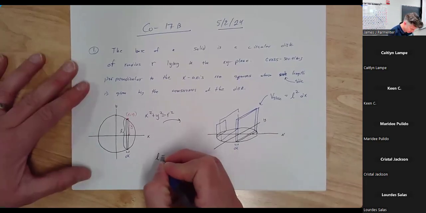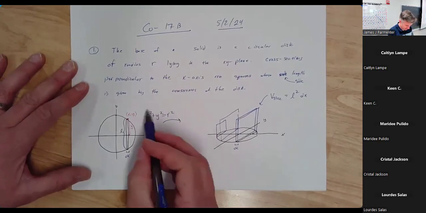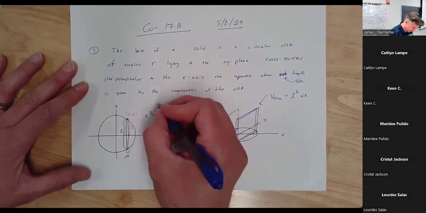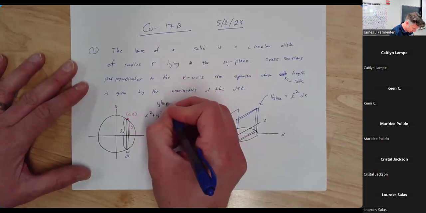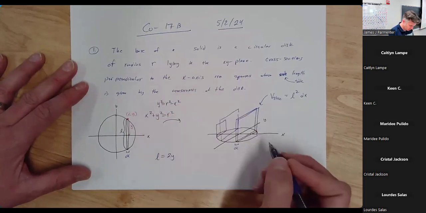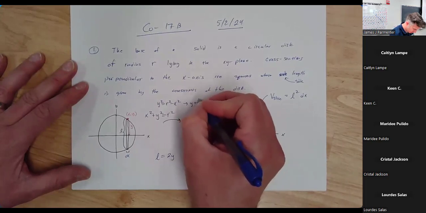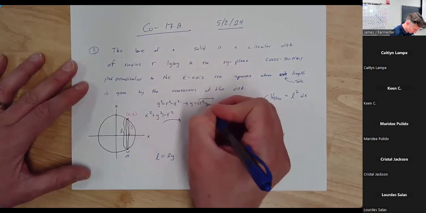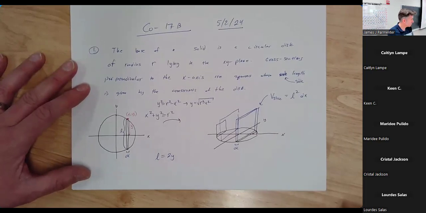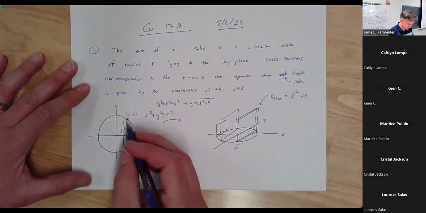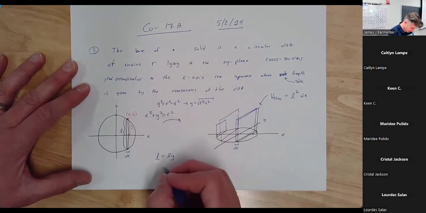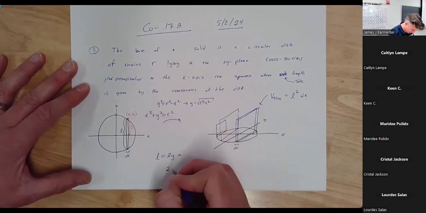The length is 2 times y, but if we take this equation and solve for y, we can say that y squared is equal to r squared minus x squared, or that y is equal to the square root of r squared minus x squared. So the length of the side of the square is really 2 times the square root of r squared minus x squared.